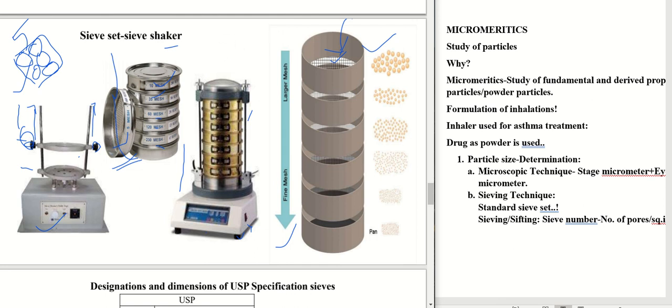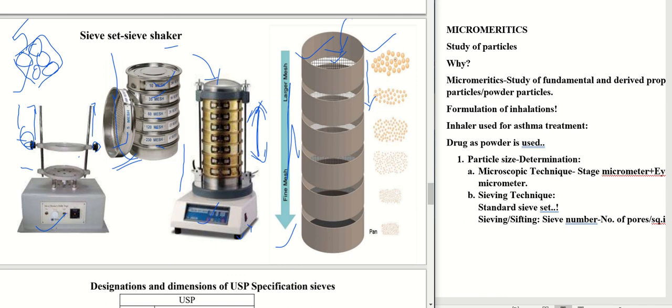suppose on the top we have added the powder sample, closed it, and switched this on. Now how does this work? This is known as a mechanical sieve shaker. The name itself indicates that because of the mechanical to-and-fro movement, because of these agitations, the powder that has been put on the top mesh gets sieved through these pores.